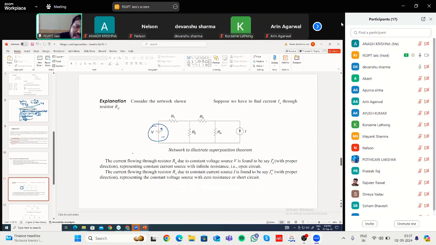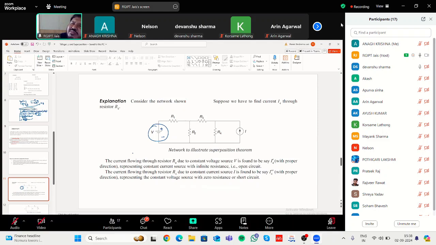If you apply the sources one by one, let us first deactivate the current source. Deactivating the current source means replacing it with its internal resistance, which ideally is infinite. That means you replace the current source with an open circuit.